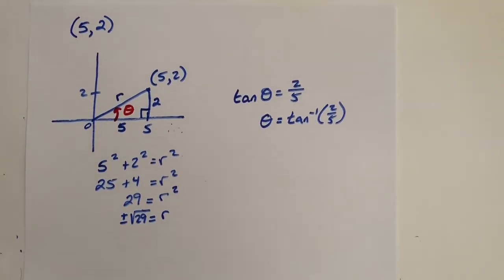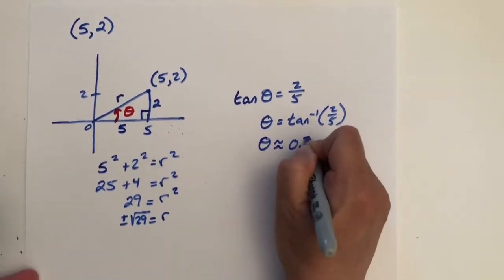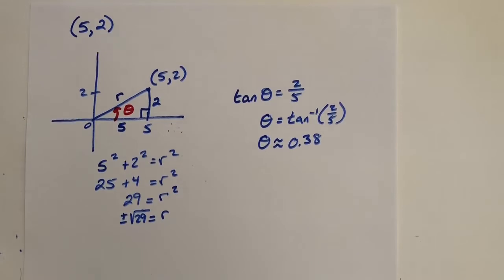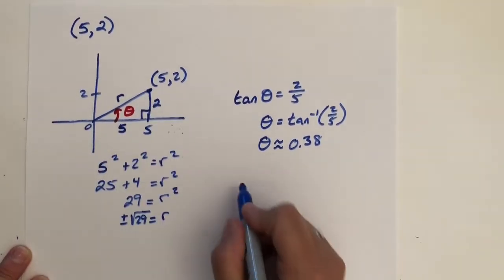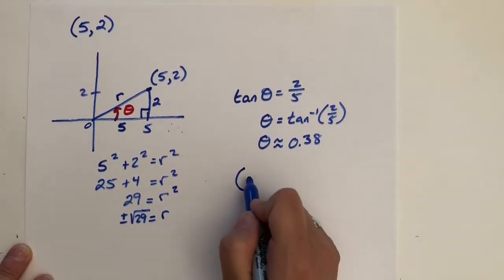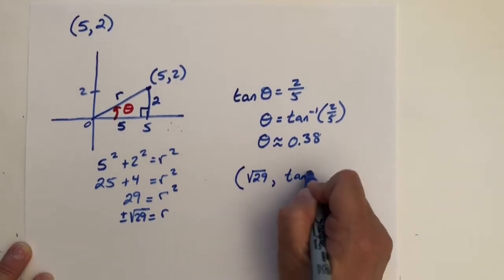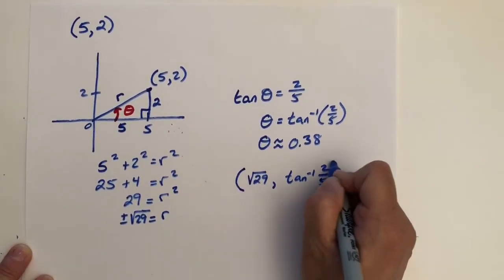I'm going to work in radian mode, and I'm going to answer to the nearest hundredth. So inverse tangent of 2/5 is about 0.38. So the exact value for this point with polar coordinates would be (√29, inverse tangent of 2/5).